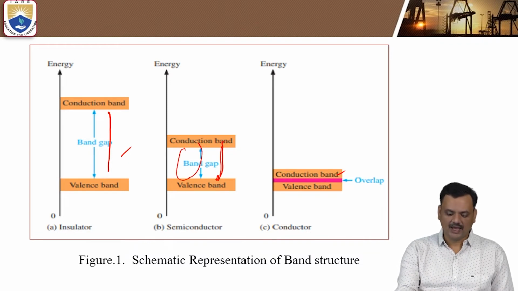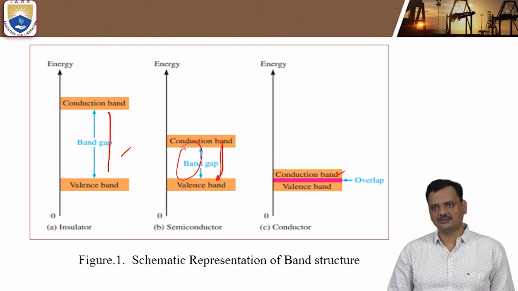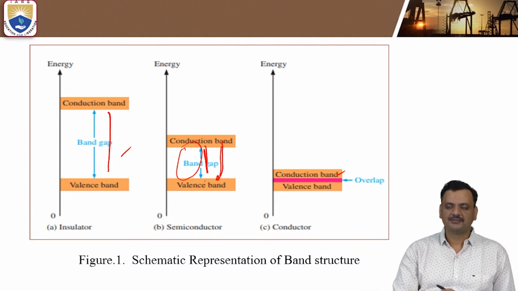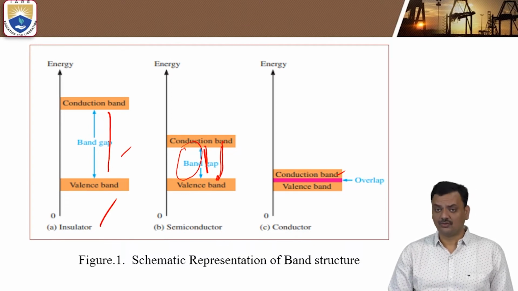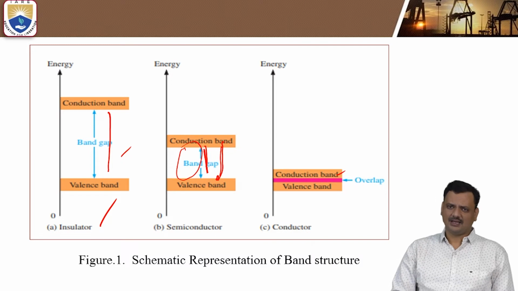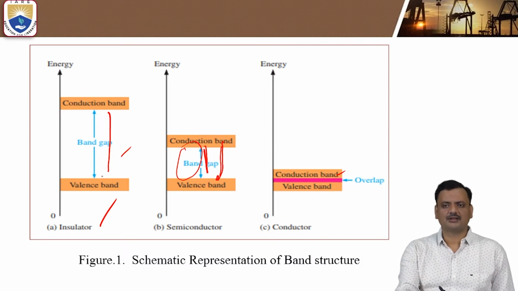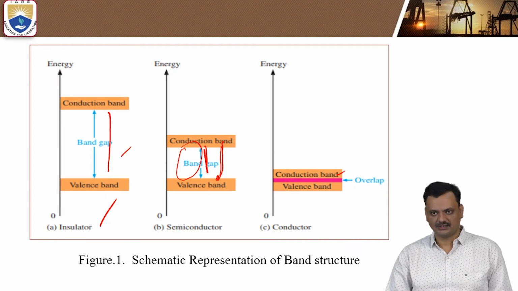Definitely the electron will require some energy. Why? Because some band gap exists here. Okay. But in the case of an insulator, this energy band gap is huge, so it is next to impossible for the electron to move from the valence band to the conduction band and make a conduction.